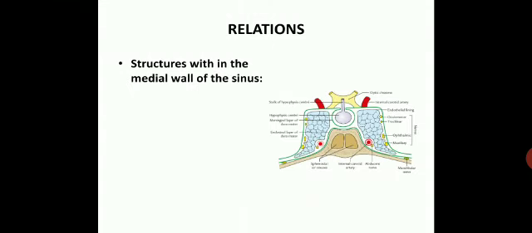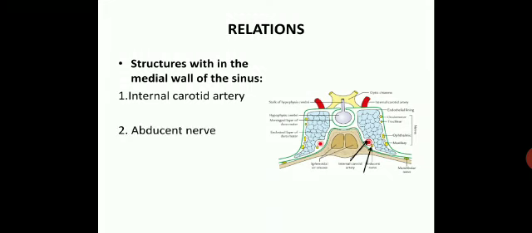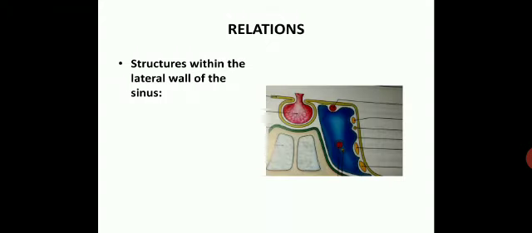Structures within the medial wall of the sinus include the internal carotid artery with the venous and the sympathetic plexus around it, and the abducens nerve, inferolateral to the internal carotid artery. The structures within the lateral wall of the sinus include the oculomotor nerve.